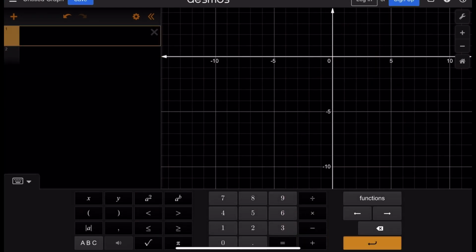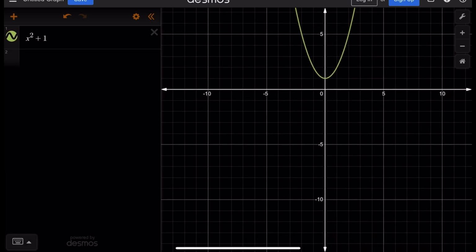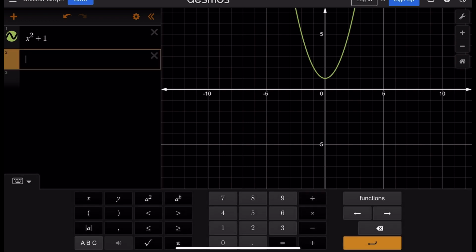So x squared plus 1 is actually the same as x squared plus 3 or 4 or 5 or whatever.